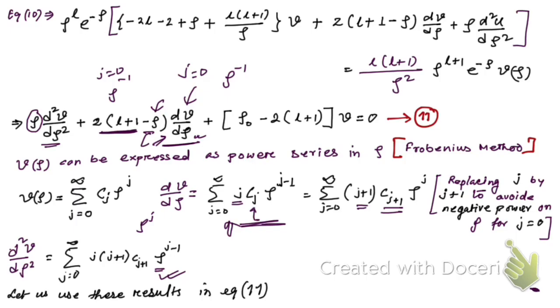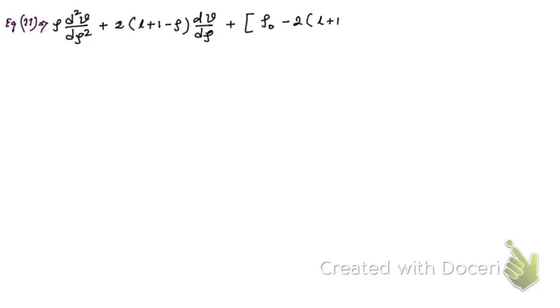Okay, so from equation 11, now using this new function after using the solution as a power series, what we can do, first let me write equation number 11 as it is, how we have got it in the previous slide.